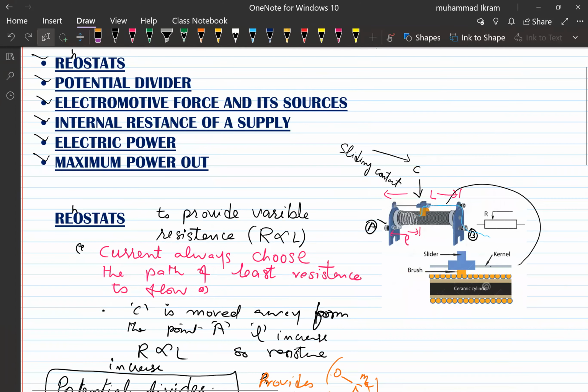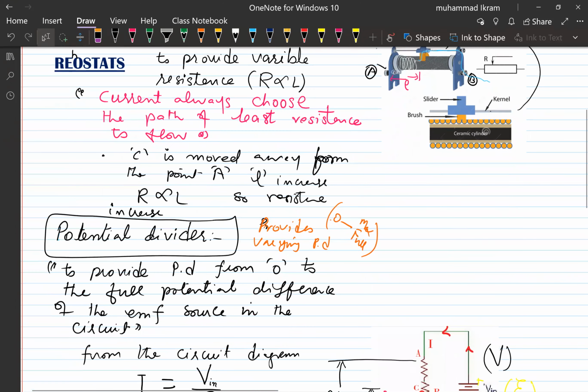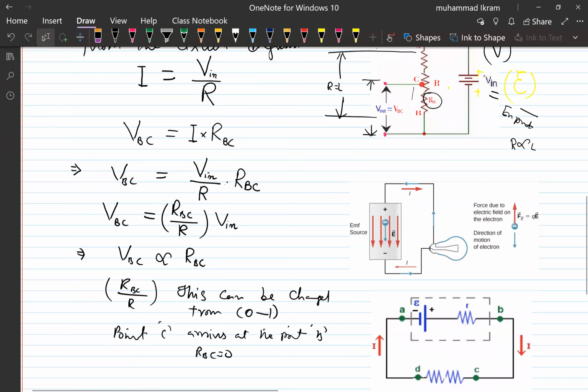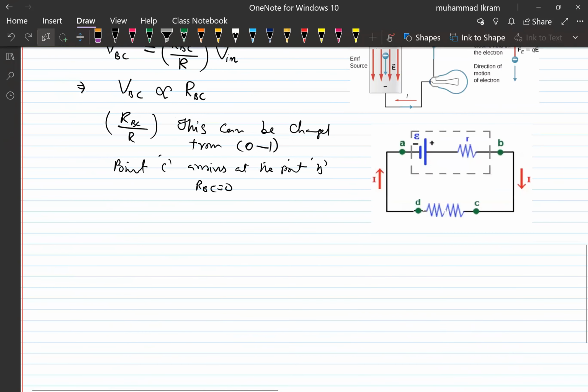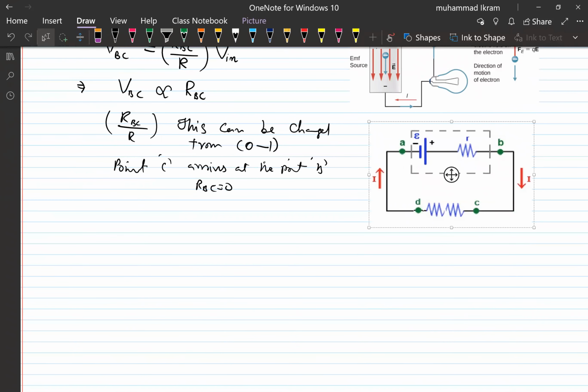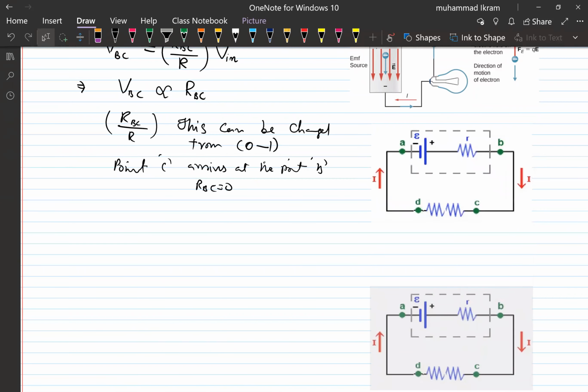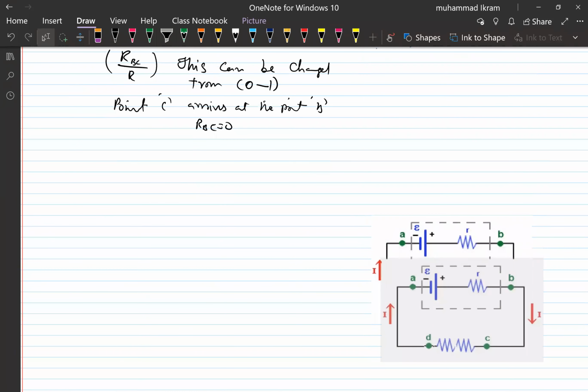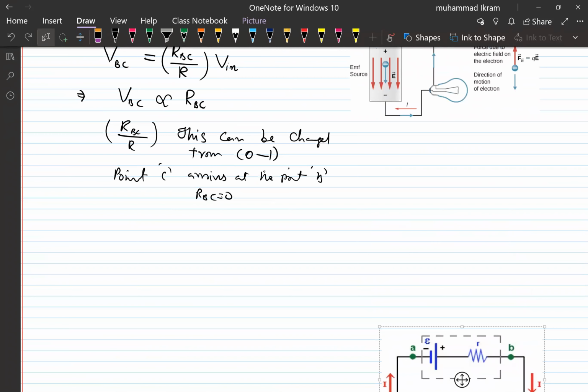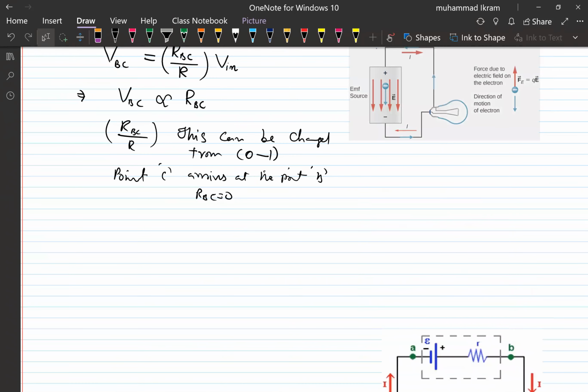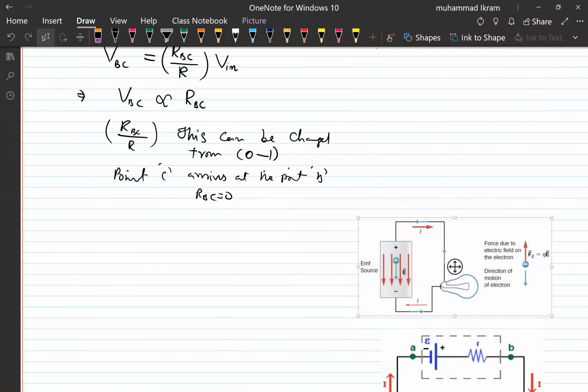What is the next topic? The next topic is the electromotive force and the source of EMF. So let us study about the electromotive force. What is electromotive force?